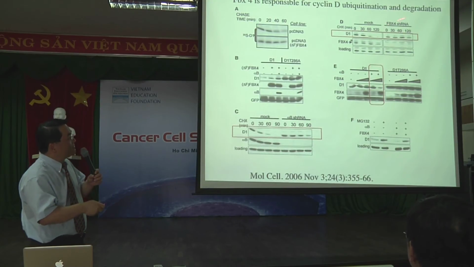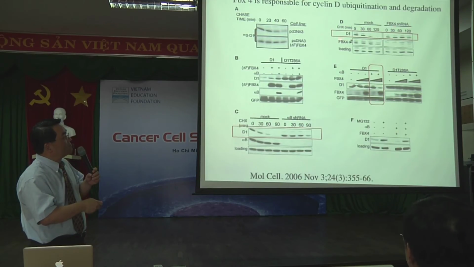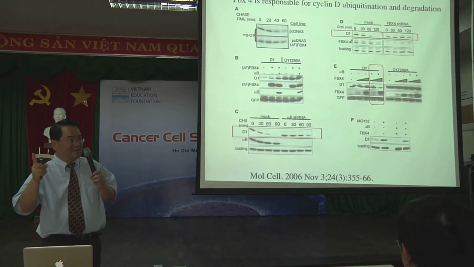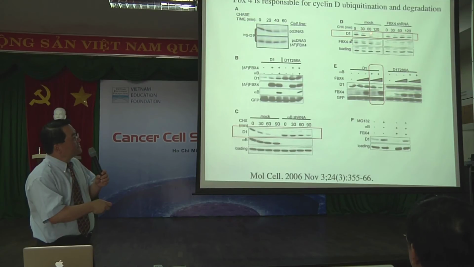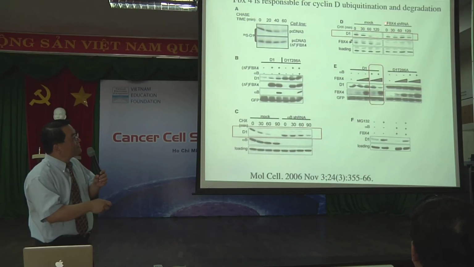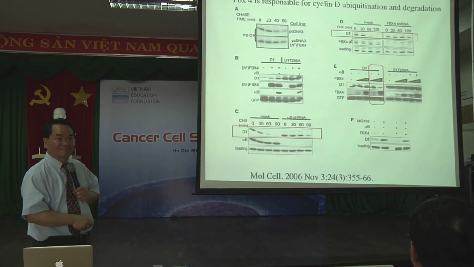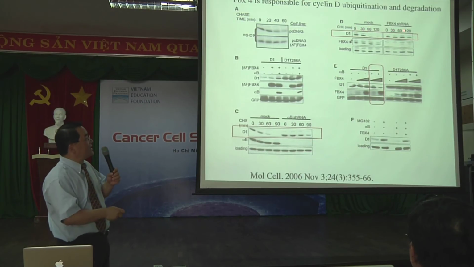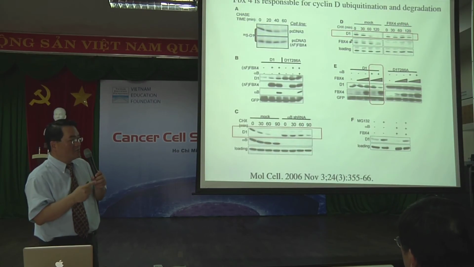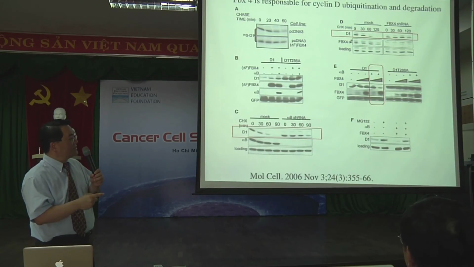Okay, so now you see the cyclin D1, the pulse chase experiment. Without knockdown, cyclin D1 has a certain turnover. Okay, within 60 minutes, the half-life is reduced, right? But with F-FBOX4 knockdown, the cyclin D1 is very stable. Now you get a sense that F-FBOX4 may be responsible for cyclin D1 stability, okay?